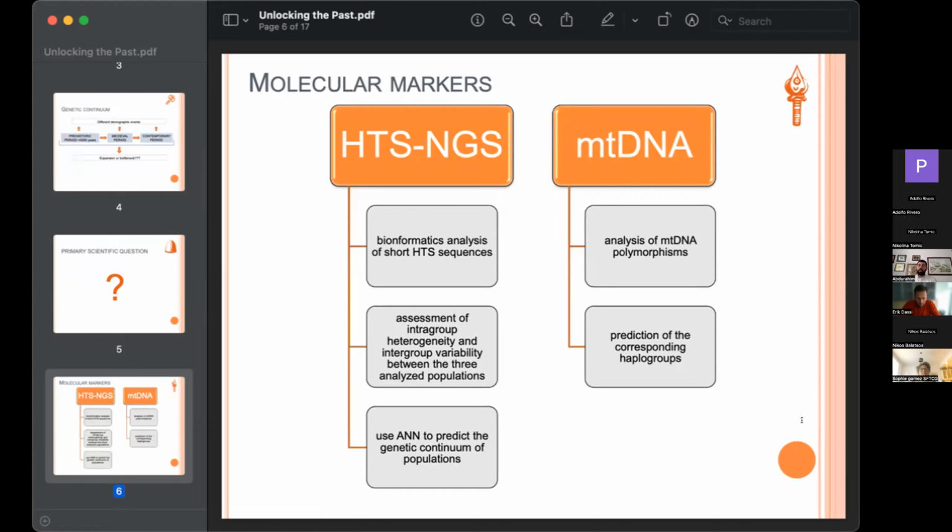And finally, we will be utilizing an artificial neural network in predicting the genetic continuum of these populations. Secondly, we have used mitochondrial DNA, and after sequencing HVS regions, we have analyzed mtDNA polymorphisms and predicted the corresponding haplogroups.